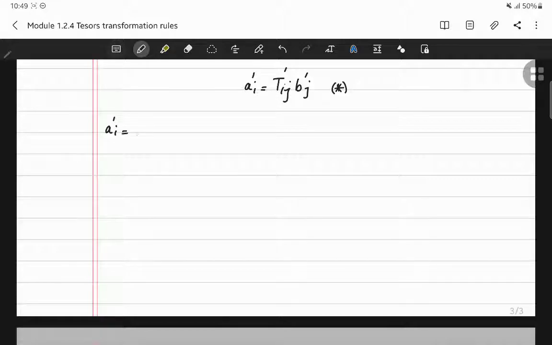So A prime i is equal to Q_im A_m, and T prime ij is equal to Q_im Q_jn T_mn.